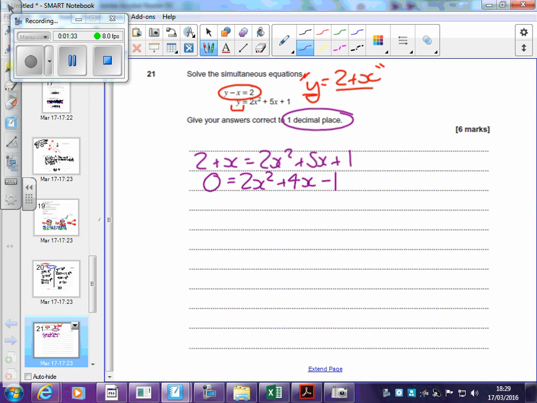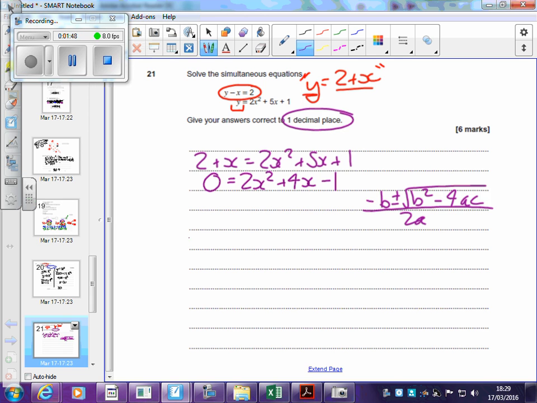Now, the quadratic formula is given to you. It's minus b plus or minus the square root of b squared minus 4ac, all over 2a, where the a is the number in front of the x squared, the b is the number in front of the x, and the c is the number on its own at the end.